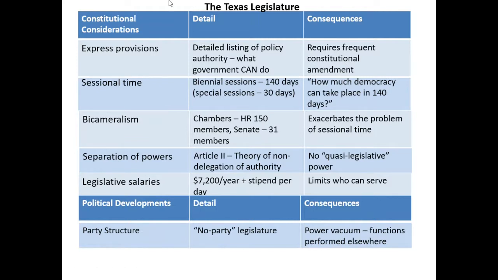The first thing I have listed, this is going to be a shorter list, it's only got 2 items on it. The first thing here says no party legislature. The Texas legislature, historically, we may be in a period where we're seeing some change now, but historically, has been a no party legislature.